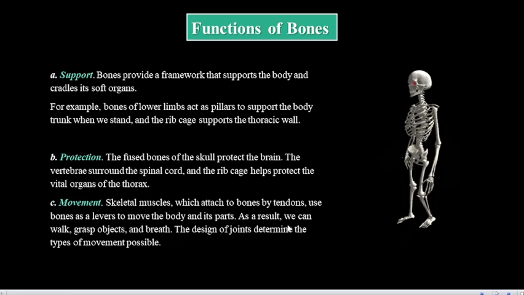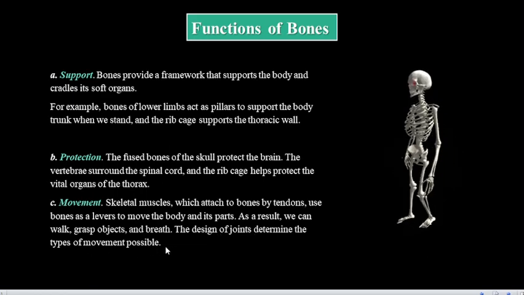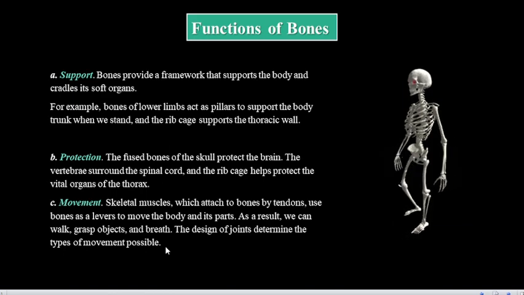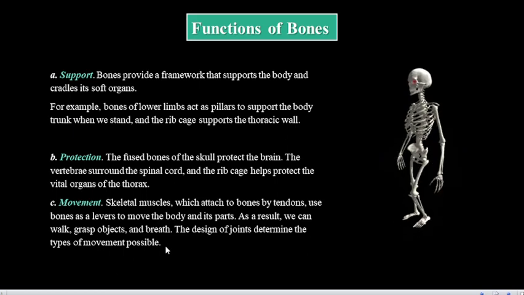The design of the joints determine the types of the movement possible. Another factor that will produce your movement, class, are the joints. Okay? So, the joints connect your different types of bones in the body. And without the joints, we will not be able to raise our hand, bend our knee, bend our back.